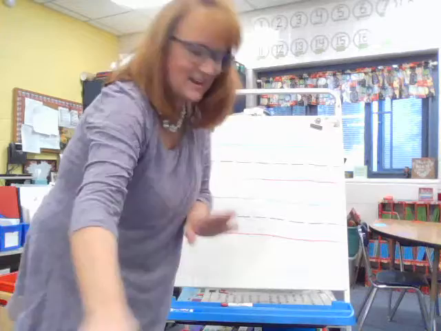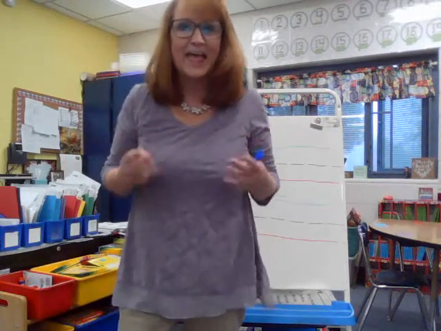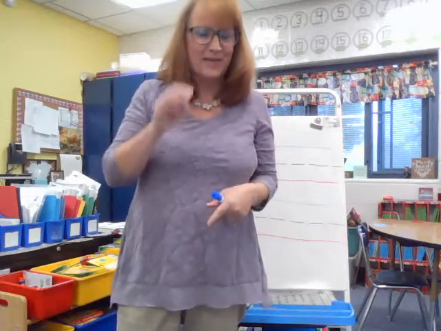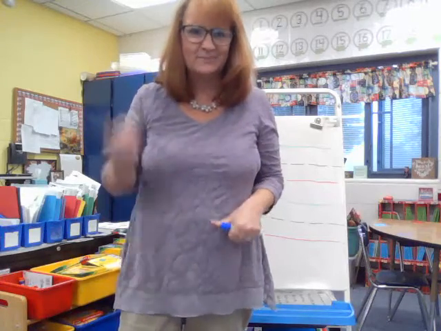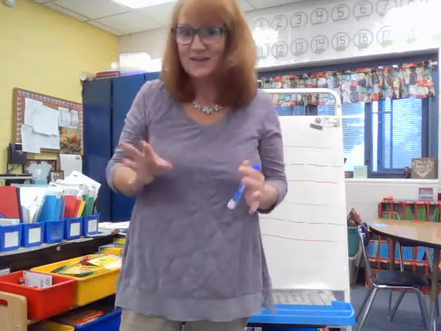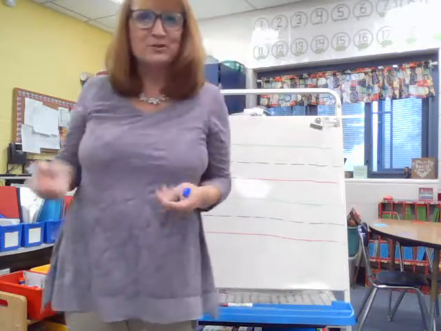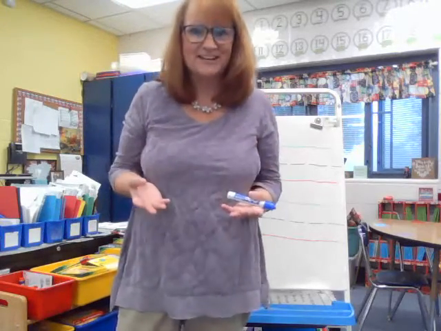So I'm going to write the sentence, I see a big brick building. That's 6 words. So I've got to make sure that I'm leaving space between my words as I write to make it easier for the person that is reading it.